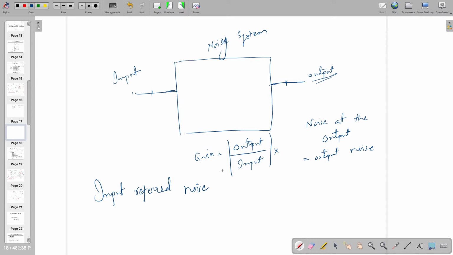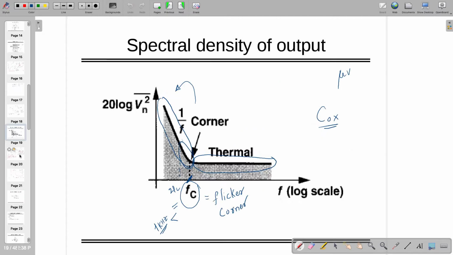When you multiply this input referred noise by the gain, you get the output noise. The same thing you can do in Cadence. Whatever noise you are measuring in Cadence is input referred noise. So if you want the output noise, you need to multiply with the gain plot, which you are already doing in AC analysis, right?